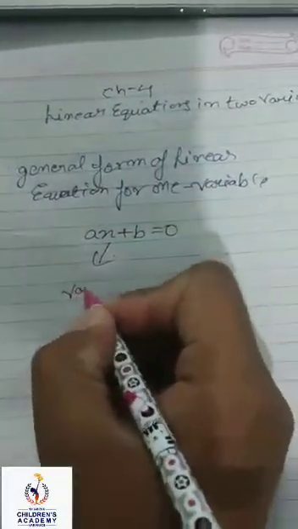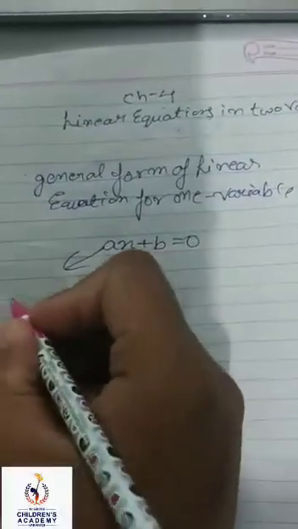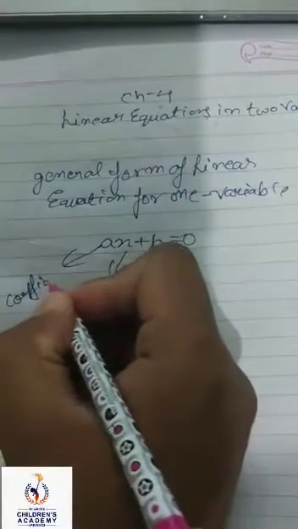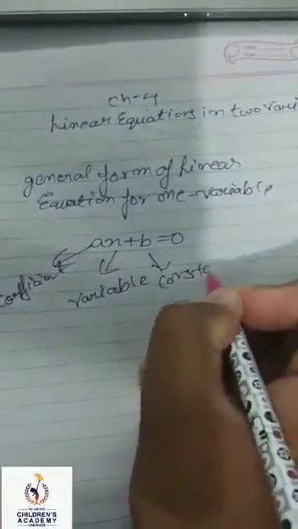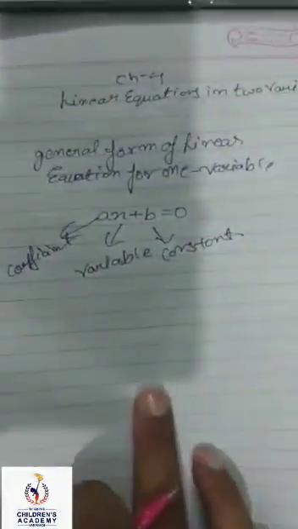In this ax plus b, x is the variable, a is the coefficient, and b is any constant term. So this is the general equation for one variable.